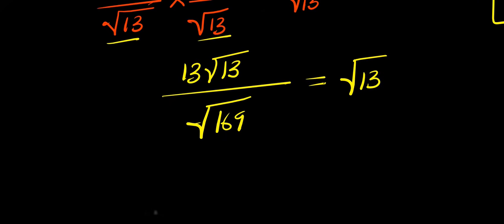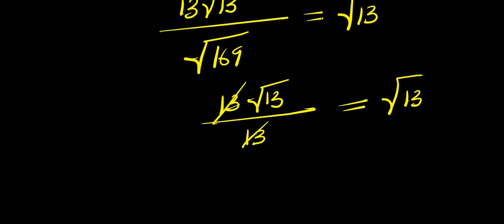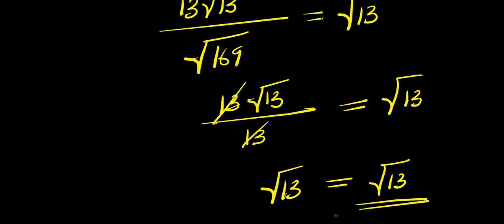So from here, I have 13 root 13 divided by the square root of 169, that is 13, equals root 13. So this cancels this, and we have the square root of 13 equals the square root of 13. This and this are now the same.